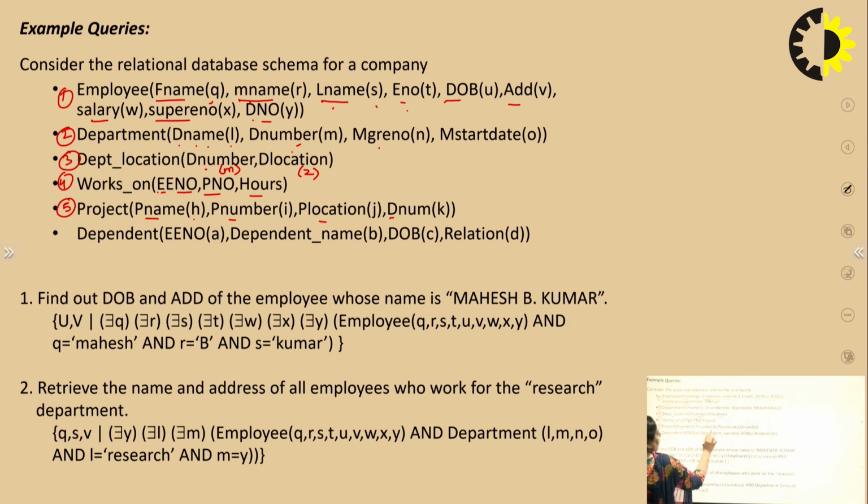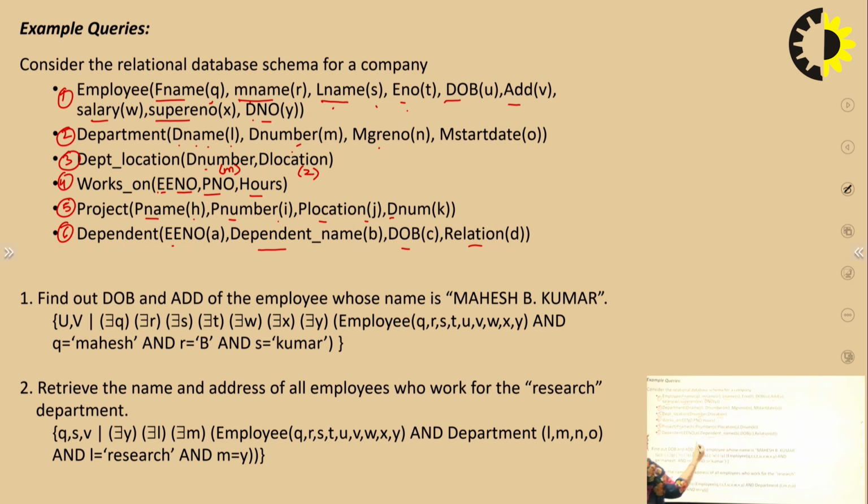So H, I, J and K. For each we have different variables. The last table is dependent, which has employee number, dependent name, date of birth and relation, that is A, B, C, D.